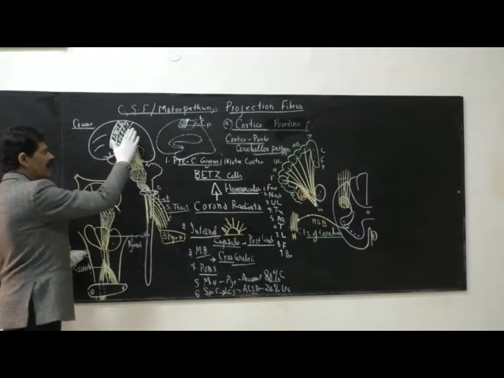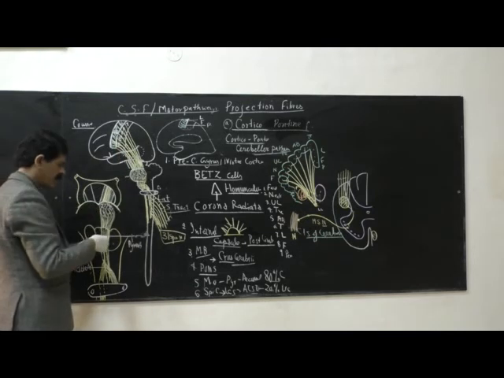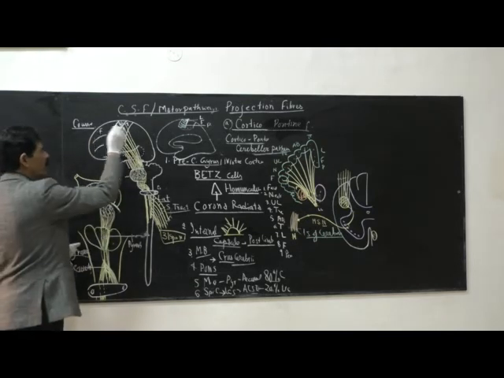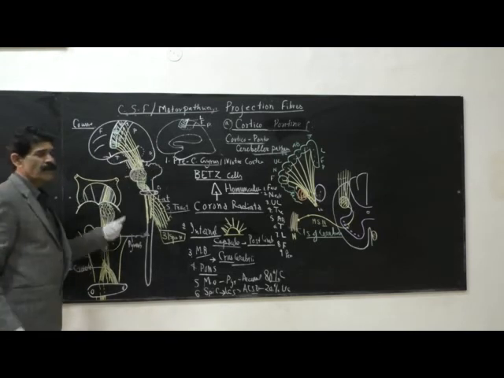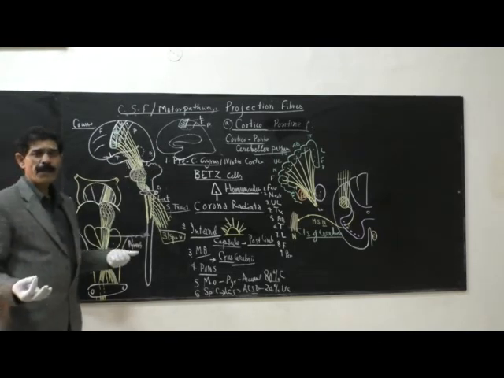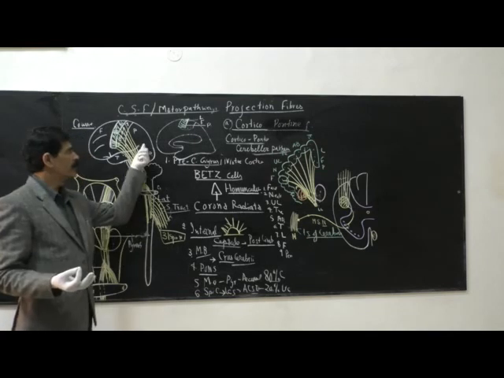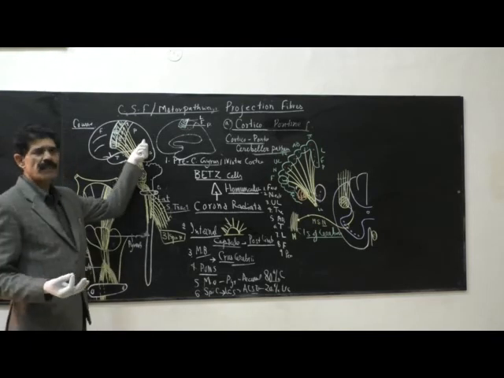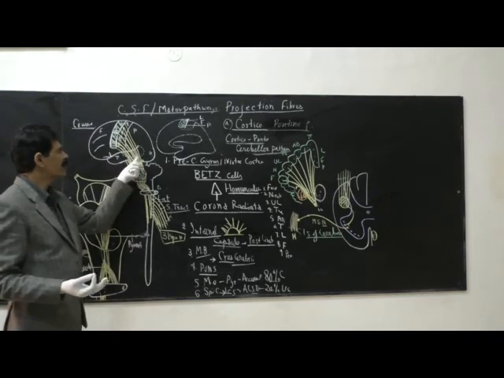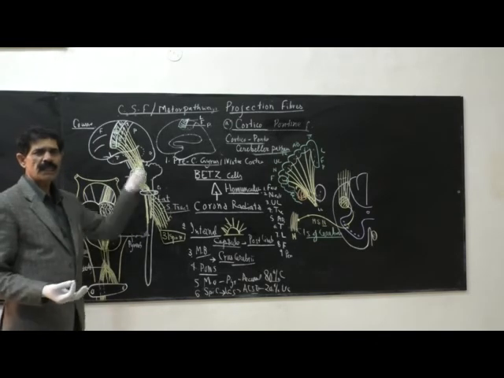The rest of the gray matter of the four lobes of the cerebrum, that is the frontal, parietal, occipital and temporal lobes, also have a huge number of neuron cells. They are present in all the lobes other than the precentral gyrus.